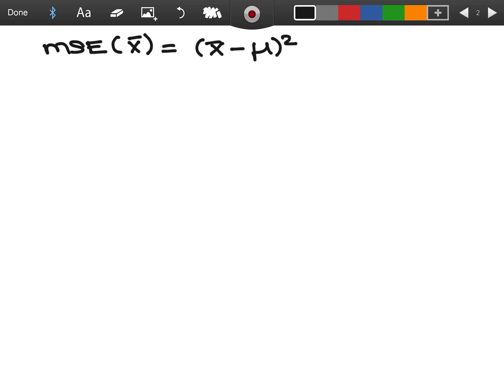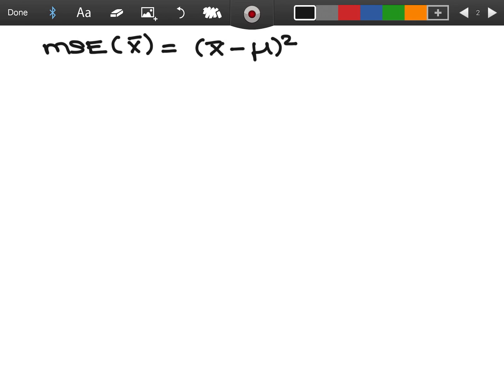So we are looking at the error between your point estimator and the population parameter that it is estimating, so in this case, the difference between the sample mean and the population mean, and we are squaring it to make it a positive distance. So all the mean squared error does is it looks at how much of an error that you have distance-wise.